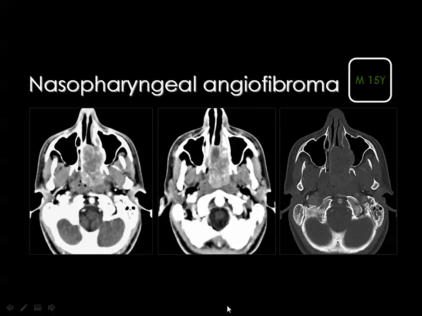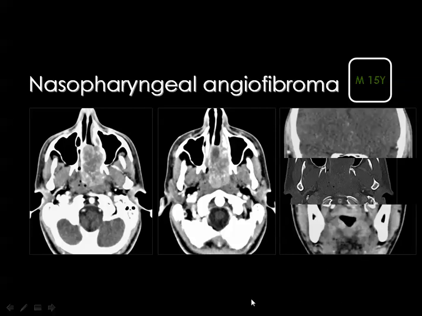This is a good example of nasopharyngeal angiofibroma of a male 15 years old presenting by epistaxis. You see a strongly enhancing lesion within the nose and the nasopharynx, and the bone window image showed that there is bone remodeling, denoting that this tumor is not aggressive. This is a benign lesion.